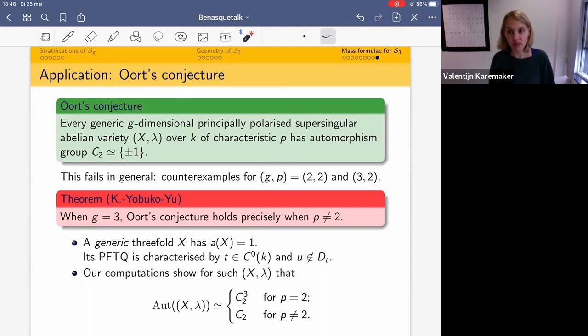This actually happened in our genus 4 work so far: we knew what the mass was, and we had a suspicion that it's probably two varieties, one with this automorphism group, one with this other. But to show that was actually a whole lot of extra work. So in some cases, yes, the mass can directly tell you the existence of certain automorphism groups, and some you need to do more work to exhibit them.